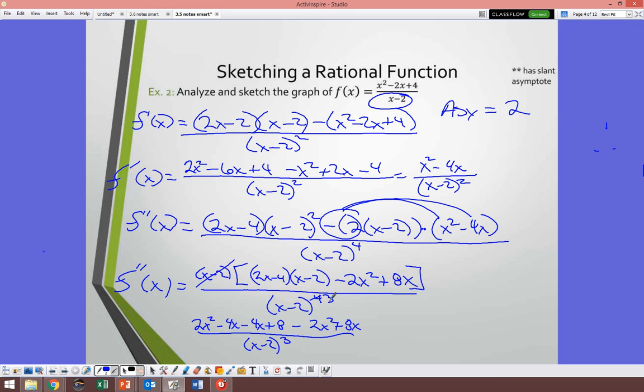So I have a 2x squared, negative 8x here and a positive 8x over there, and a positive 8x over here. I have a positive 2x squared and a negative 2x squared. So it's going to be 8 over (x minus 2) cubed. There we go.